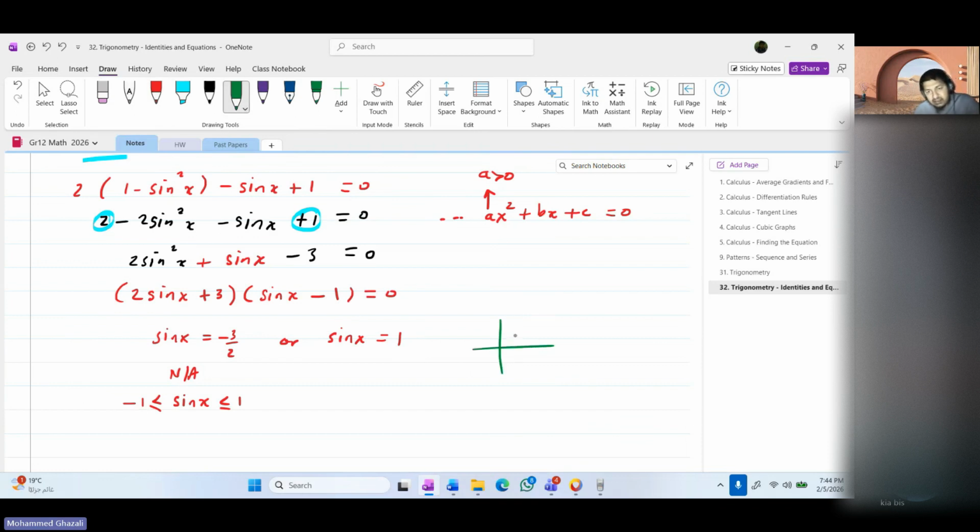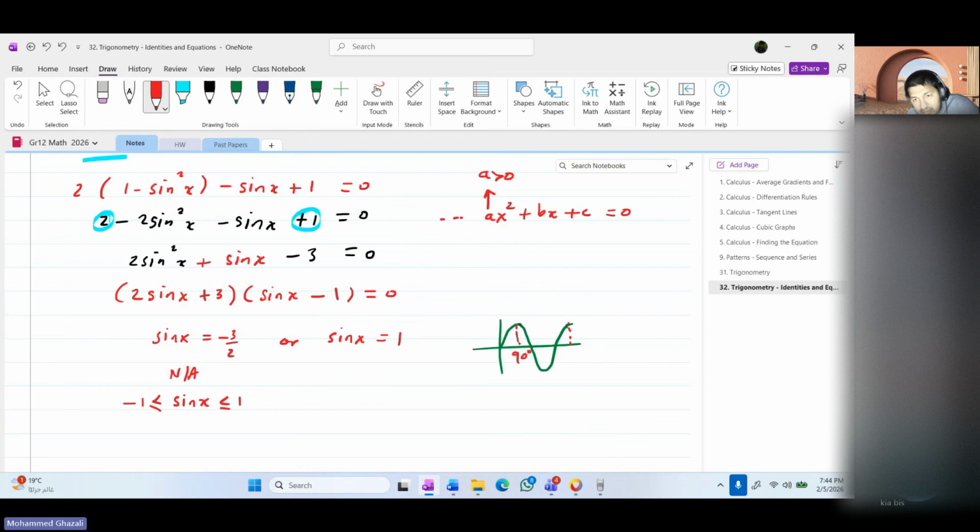Now, when is the sine of x equal to 1? That's a cos graph, sorry. At 90 degrees, all right? Sine of x is equal to 1 at 90 degrees.